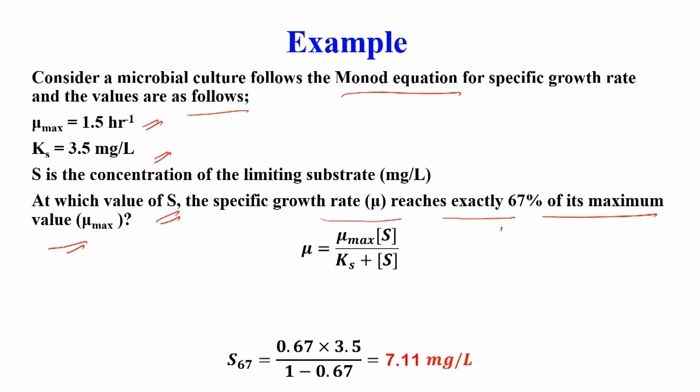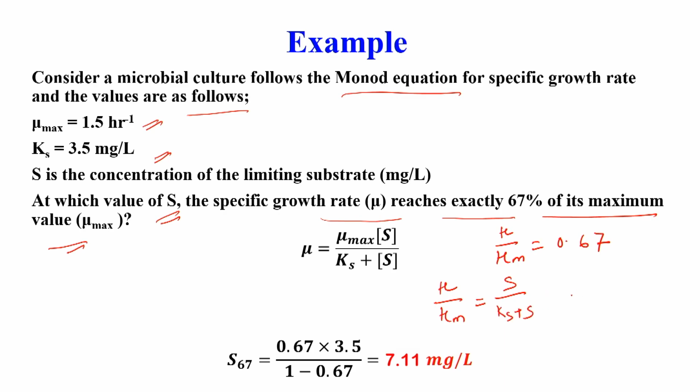So, mu upon mu max equals 0.67. We can rearrange this equation: mu upon mu max equals S divided by Ks plus S.